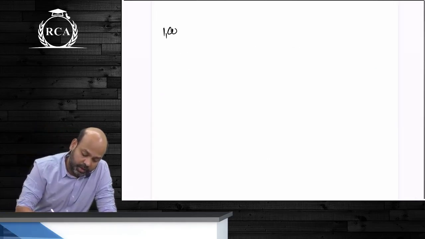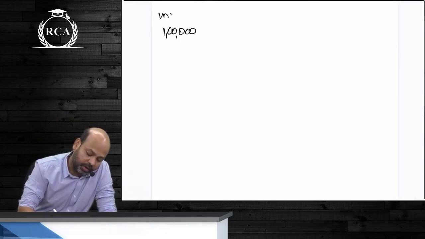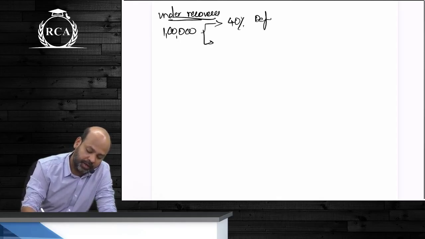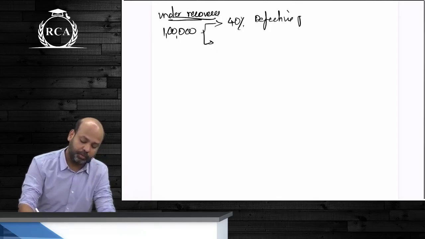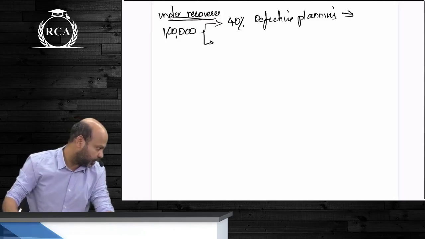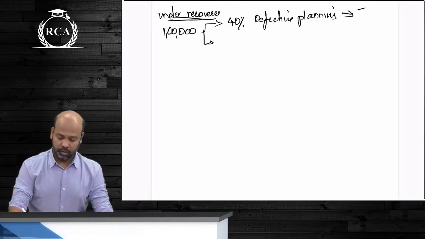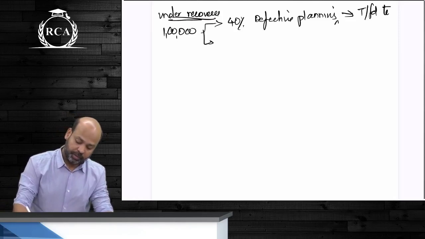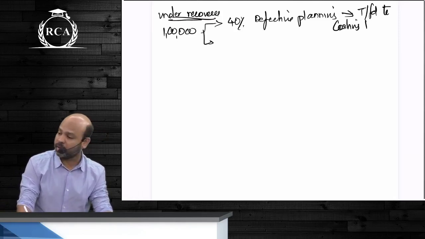Now, let's say, beta, that the amount of under recovery is 1 lakh rupees. And as I told you, beta, 40% is due to defective planning. By default, we follow method 3. If 40% is due to defective planning, what do I do with this 40,000? This will be transferred to costing P&L account, going by the third method.